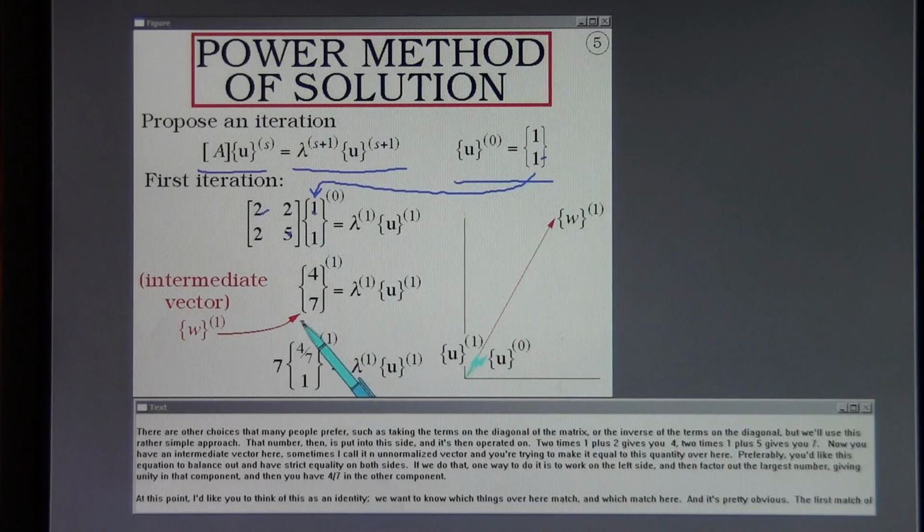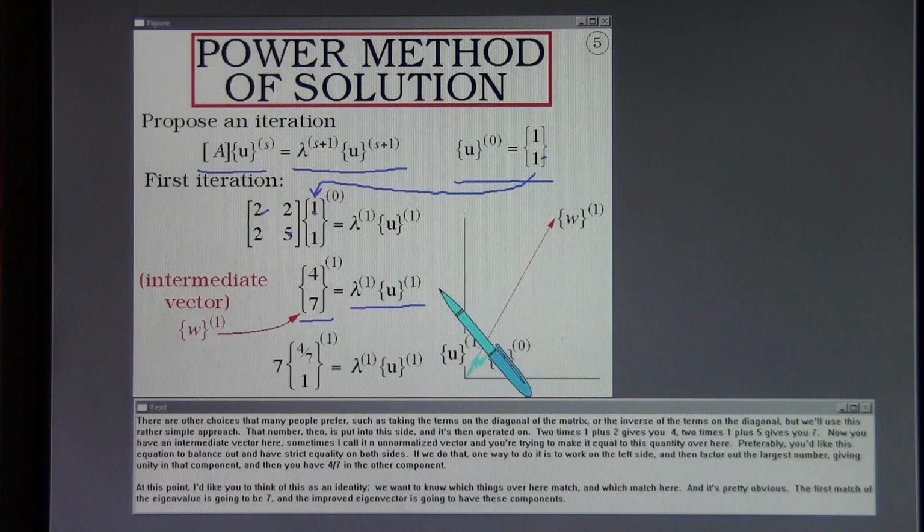Now you have an intermediate vector here. Sometimes I call it an unnormalized vector, and you're trying to make it equal to this quantity over here. Preferably, you'd like this equation to balance out and to have a strict equality on both sides.